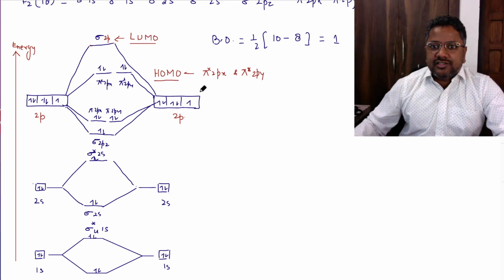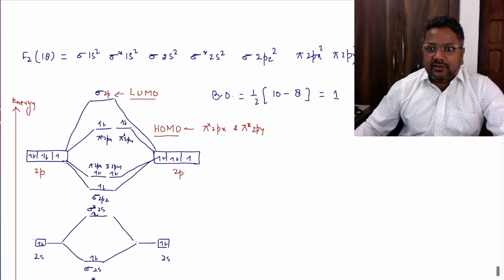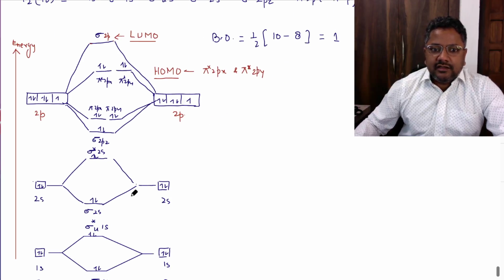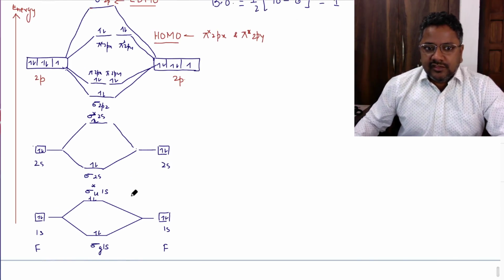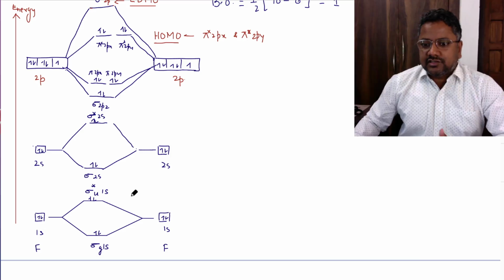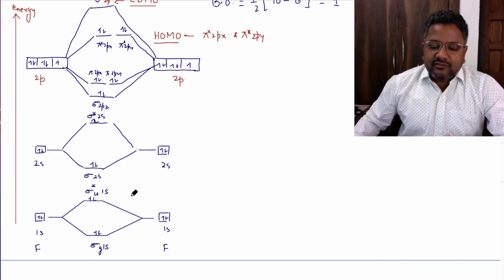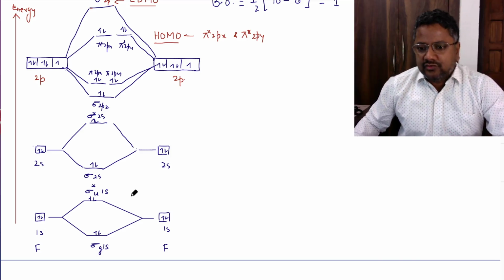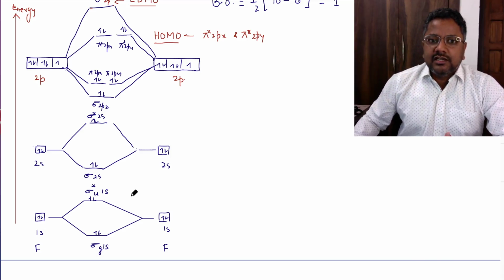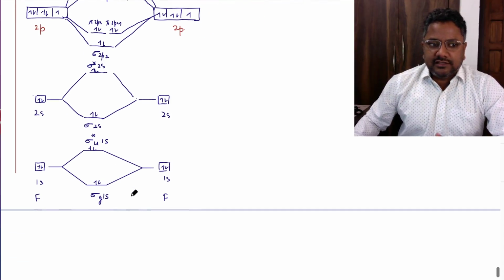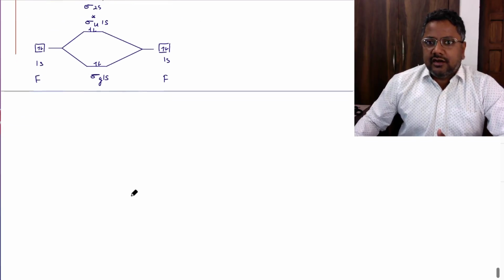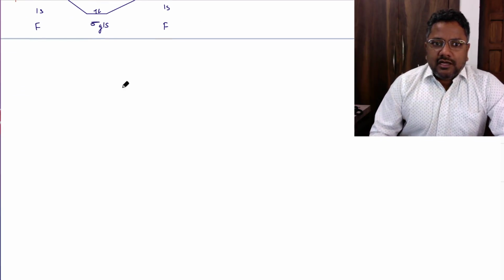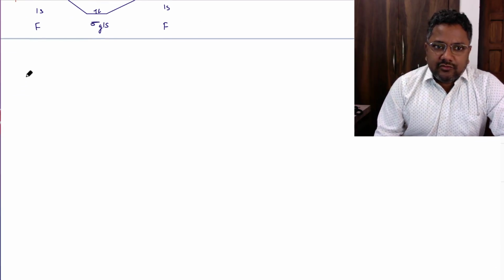So this is the representation of this electronic configuration in the energy level diagram. So this way you can construct the energy level diagrams for different molecules. You have to practice the construction of molecular orbital diagrams.